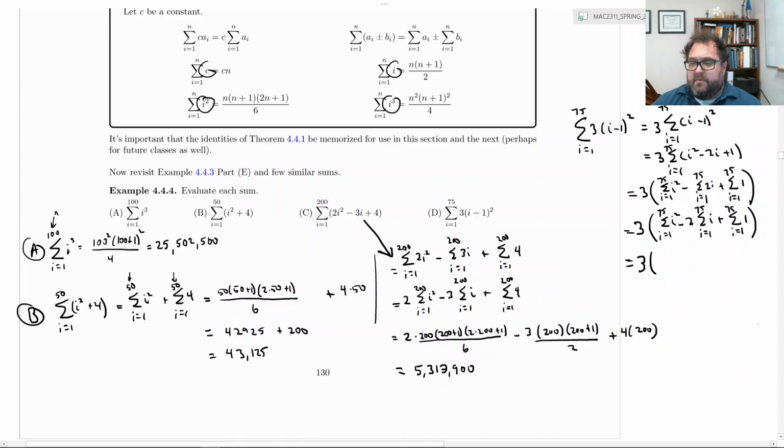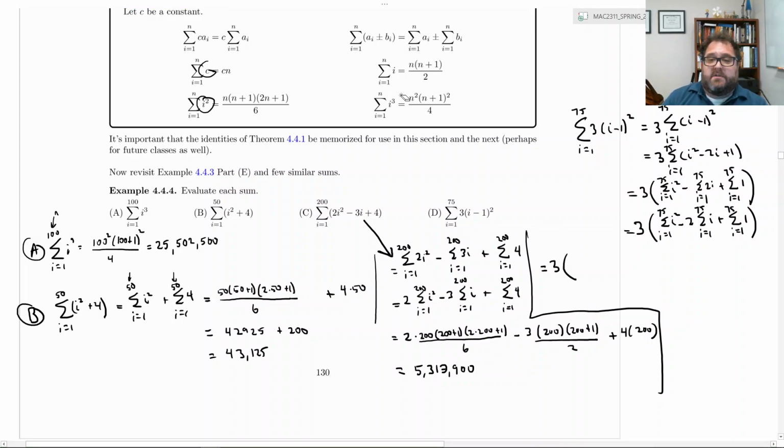Equals 3, okay. Oh, we need to back up a little bit because we're going to need a little extra room here. Equals 3. Okay, what's the sum of the i squareds? i squareds are right here.